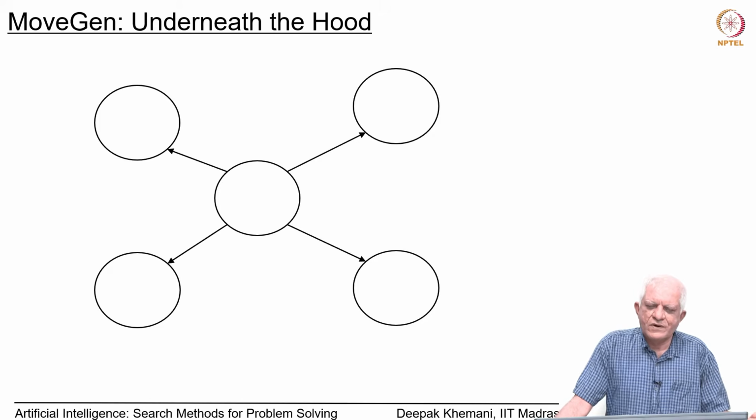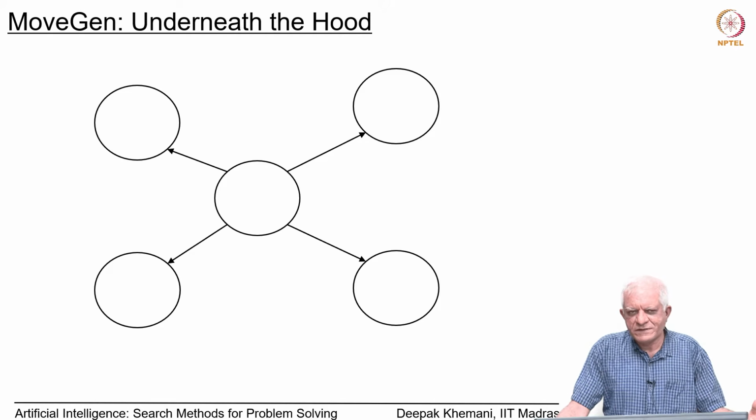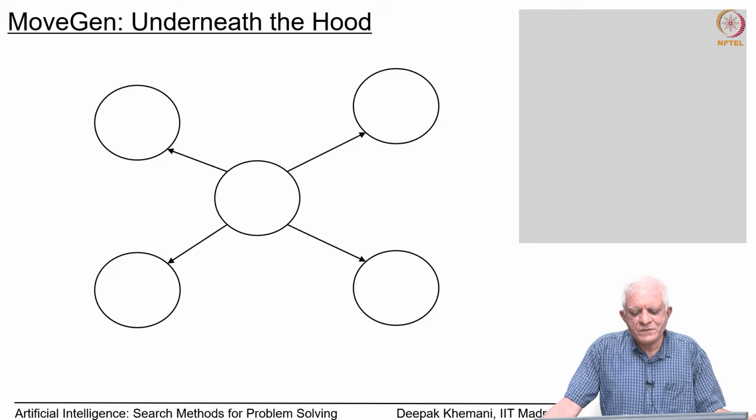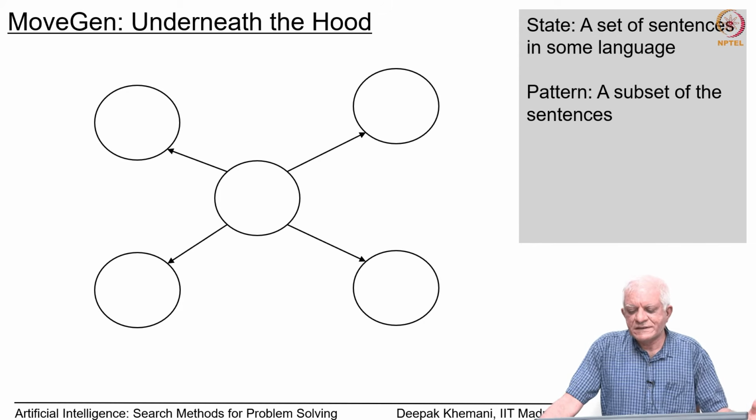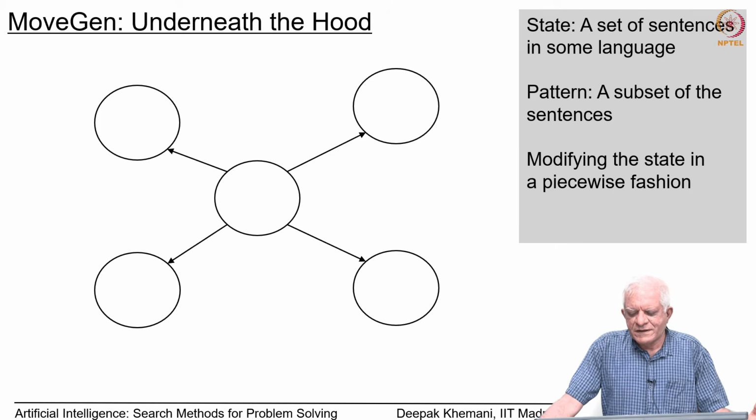This is our view of the MoveGen. You are in some state and a MoveGen function gives you a set of neighborhood states. But we never worried too much about how you would get this set of neighborhood states. What we are saying now is that a state is a set of sentences in some language. We already saw a little bit of this when we were talking about planning problems. Then a pattern, and that is what we are going to talk about, relates to a subset of the sentences in the given state, modifying the state in a piecewise fashion, that is, not the entire state.